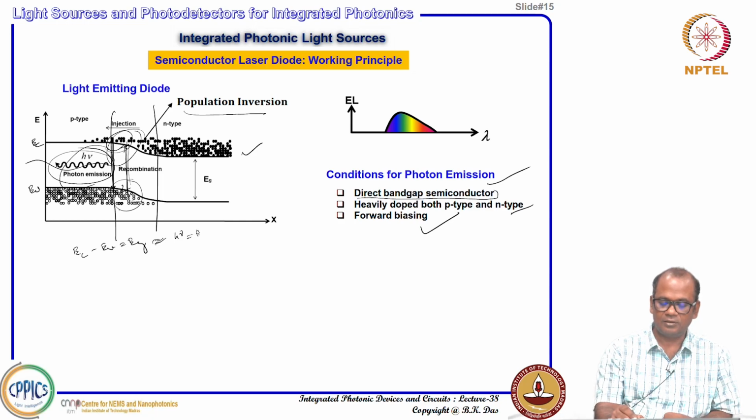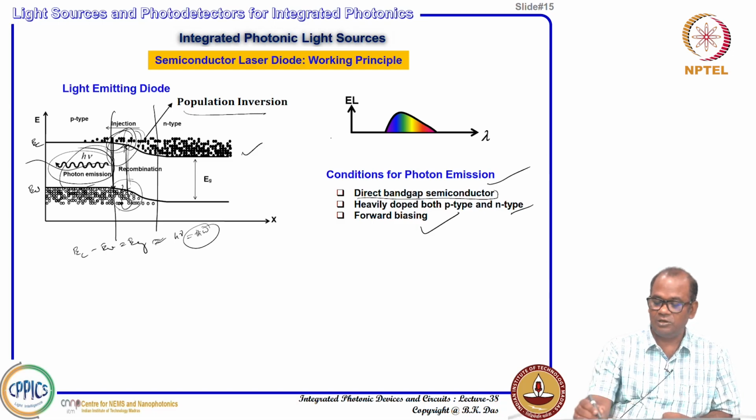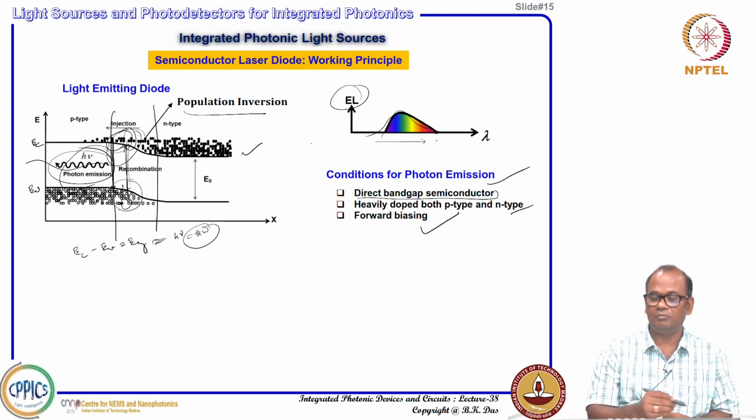It does not mean that electrons come only from the bottom of the conduction band and recombine at the top of the valence band. It can have a certain kind of distribution, so you can have a photon energy with a lot of distribution. This is your lambda or omega, whatever you consider, this is electroluminescence. So, you will get a broad spectrum.